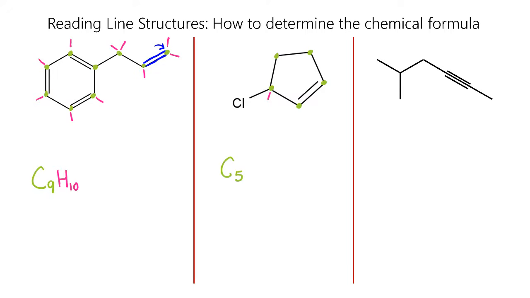Only 1 spot available here, 1 spot available here, 1 spot available here. There are 2 here and 2 here, and that is all. Counting up our little notches, we have 1, 2, 3, 4, 5, 6, 7. So the formula would be C5H7Cl.